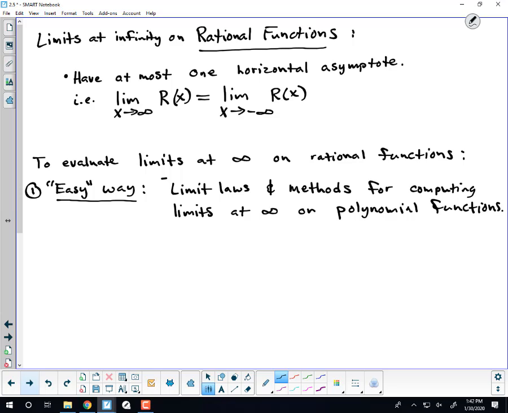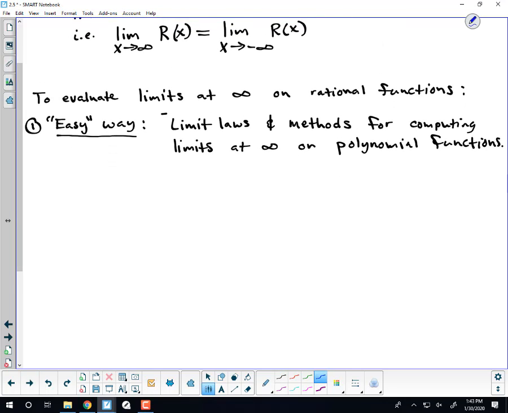There's essentially two ways to evaluate. One's more general. It applies to any function like f of x over g of x. But for rational functions specifically, the easiest way to compute the limits at infinity is a combination of what we just talked about with limits at infinity on polynomials and our limit laws.